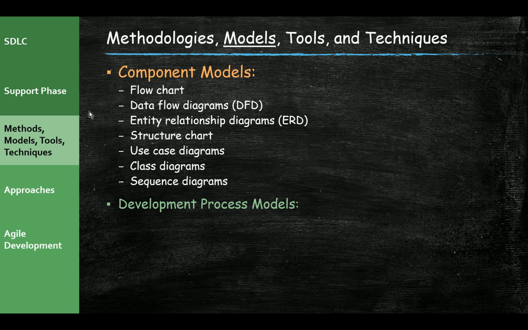The development process models, which are things we would find more in the project management discipline, would be things like Gantt charts, organizational charts, network diagrams, financial analysis like return on investment and net present value. All those types of models are things that we use in the development process models. And again, you would learn more about those in a project management class.